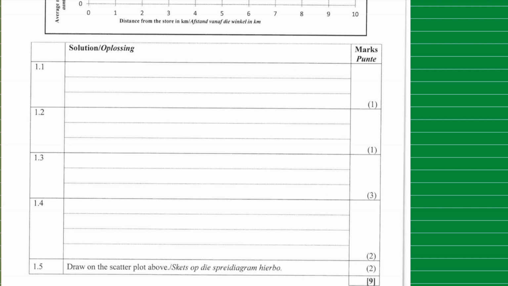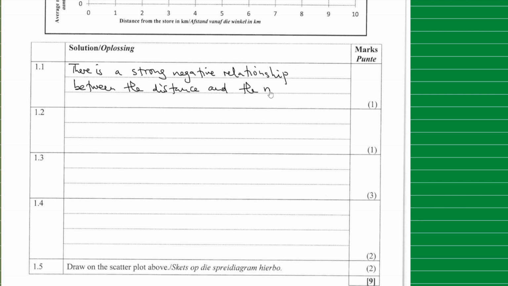So you can write the answers in the answer book and say there is a strong negative relationship between the distance from the store and the number of times shopped.